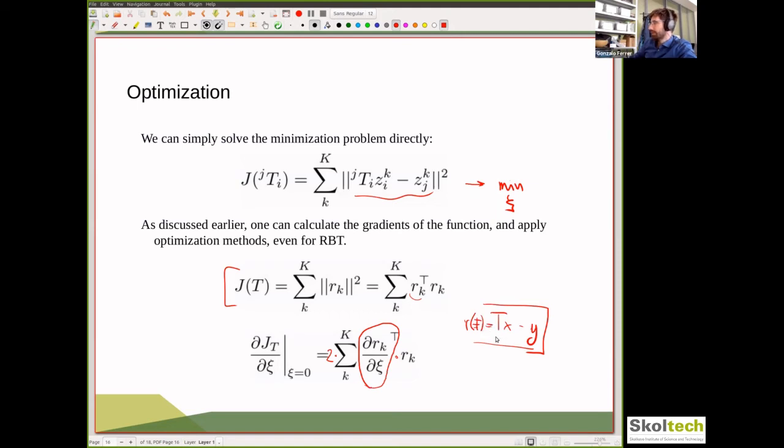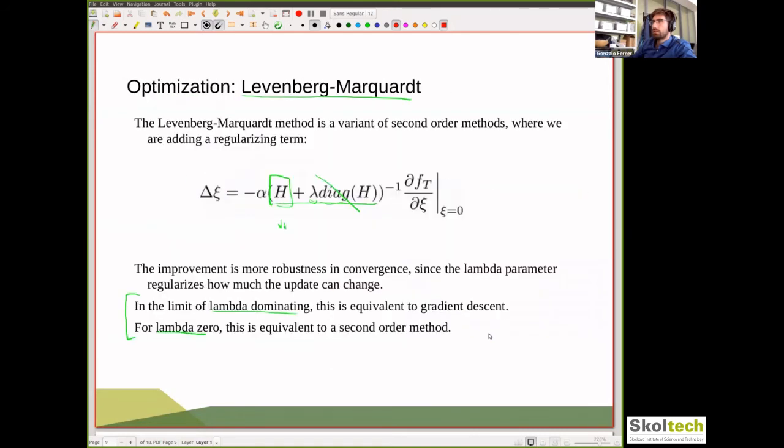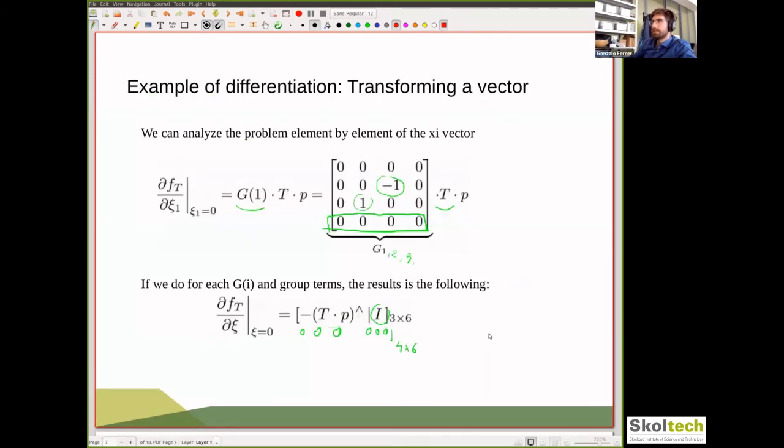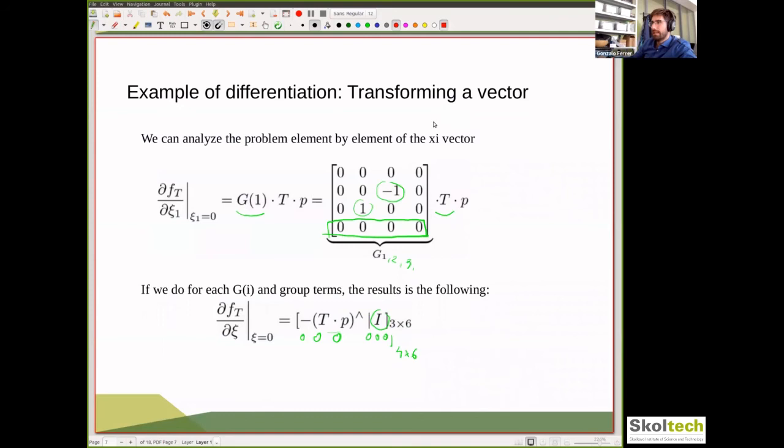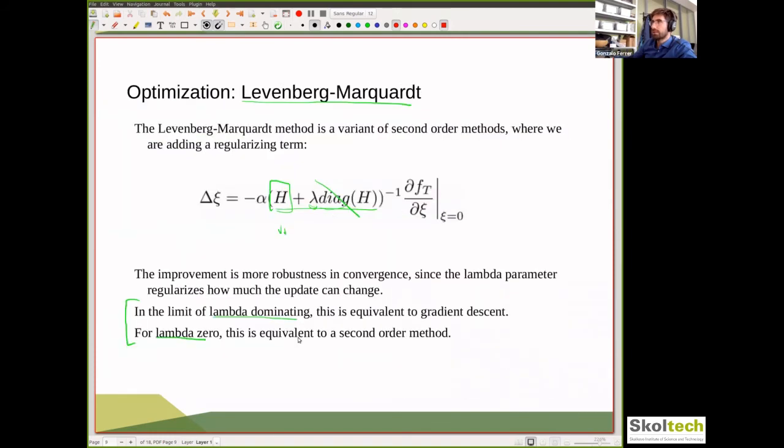Yes, it resembles the vector transformation, right? So here we have kind of the same problem. We have a minus something that is just going to disappear when we optimize, but in the residual it's going to stay. And then the derivative is going to be something like this: a skew symmetric matrix plus a term that depends on the identity.